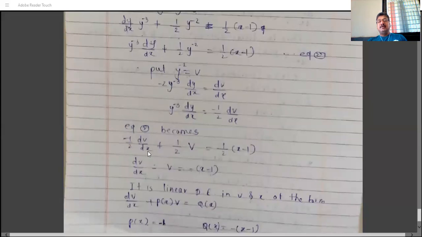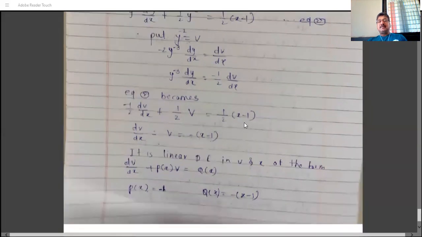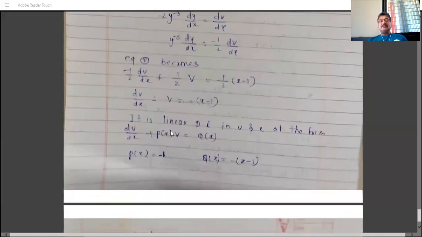So the equation becomes plus 1/2 v, since y raised to minus 2 is v, is equal to 1/2 x minus 1. Multiplying throughout by minus 2, we have dv by dx minus v is equal to minus (x minus 1). And this is a linear differential equation in v and x of the form dv by dx plus P(x) v is equal to Q(x).